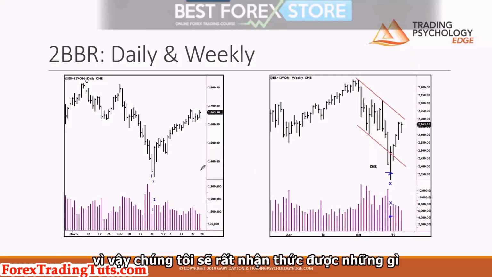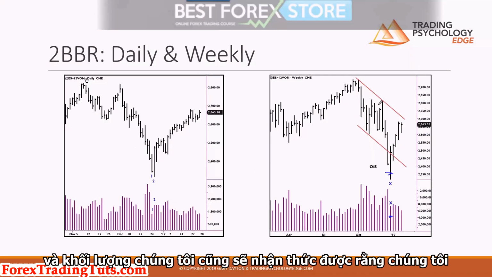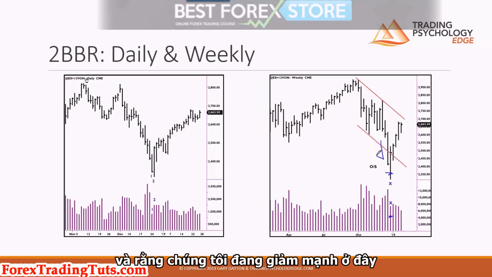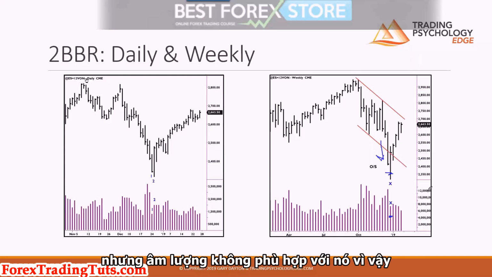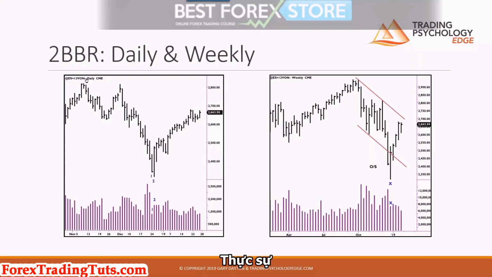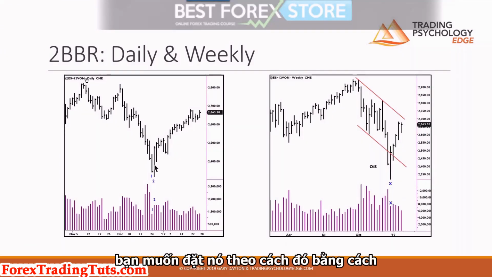So we would be very aware of what's going on if we're looking at both price and volume. We'd also be aware that we're way oversold in this trend channel, and that we're plummeting down in here. And this looks like climactic action to me, but the volume doesn't comport to it. So it's an oddball one, but we get saved, I guess, if you want to put it that way, by the daily chart.